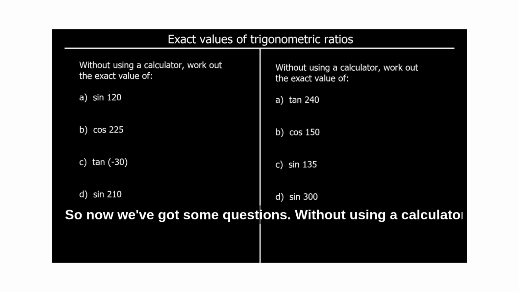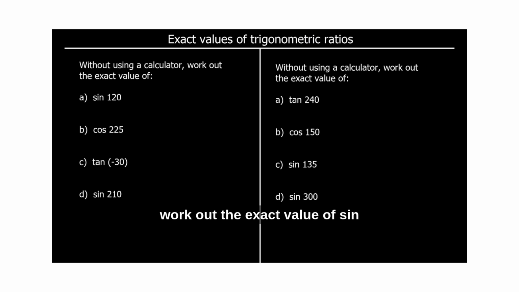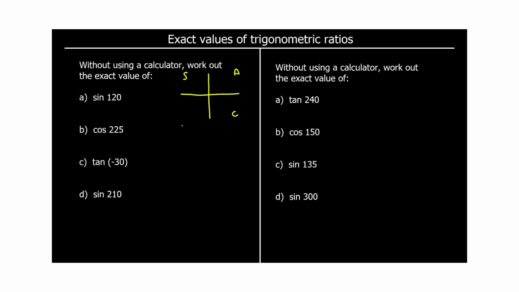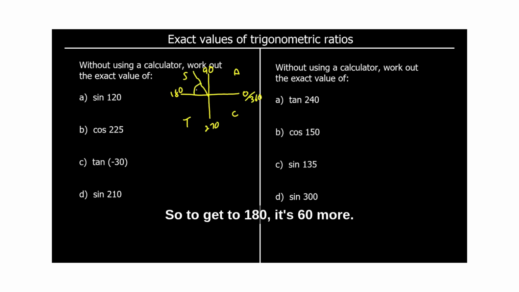So now we've got some questions. Without using a calculator, work out the exact value of sine 120. So let's use our CAST diagram. So sine 120, that's 0, 90, 180, 270, and back to 360. So 120 will be here. So to get to 180, it's 60 more.